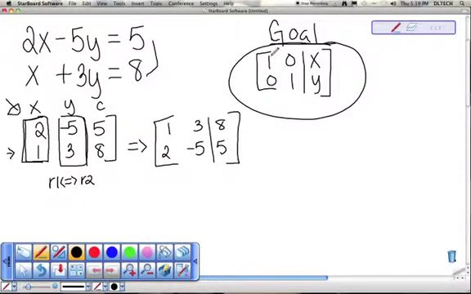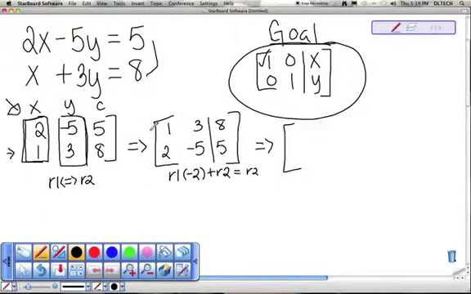So as you can see, our first step is already done. Our second step is to change this 2 into a 0. And to do that, we can multiply row 1 by -2 and add that to row 2, and this will give us our new row 2.